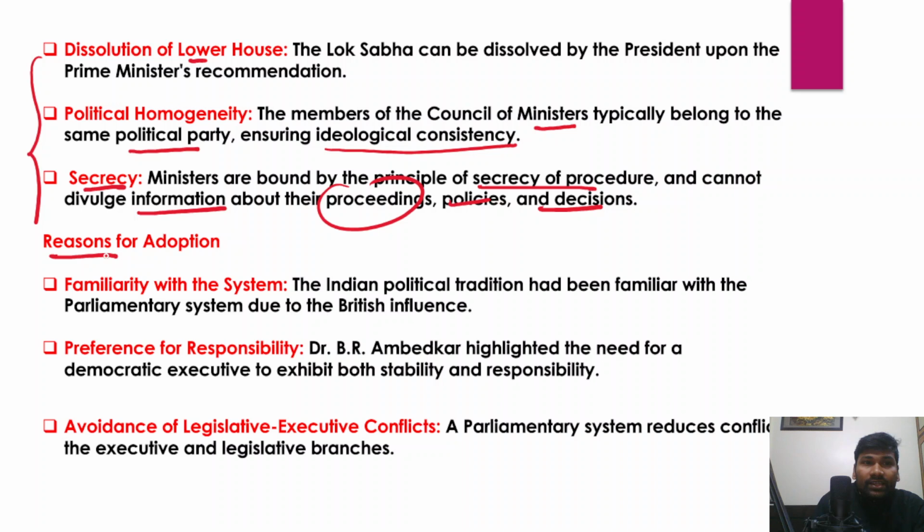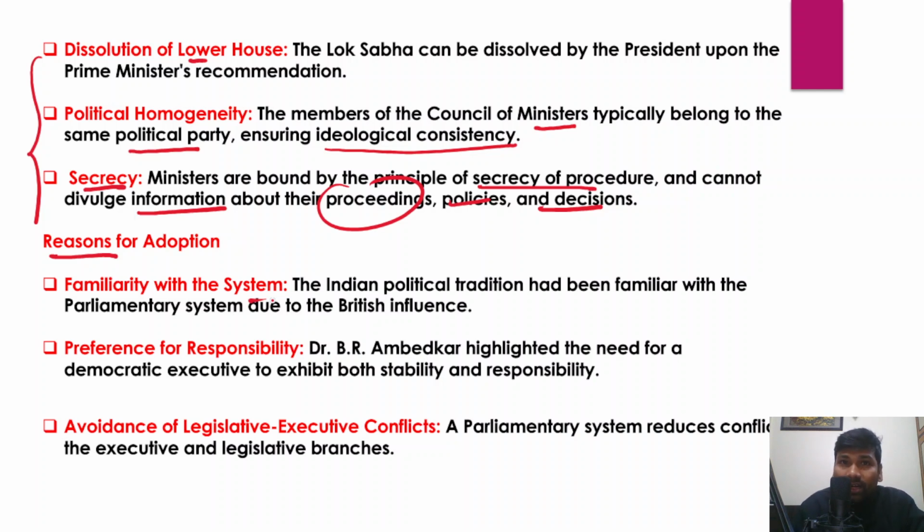And secondly, reasons for adoption. Why has the parliamentary form of government been preferred by the constitutional makers? This is very important that we try to understand, right? The reasons for adoption include familiarity with the system, right? Because we were under colonial rule up to 1947, and Britain was one of the countries which colonized India.